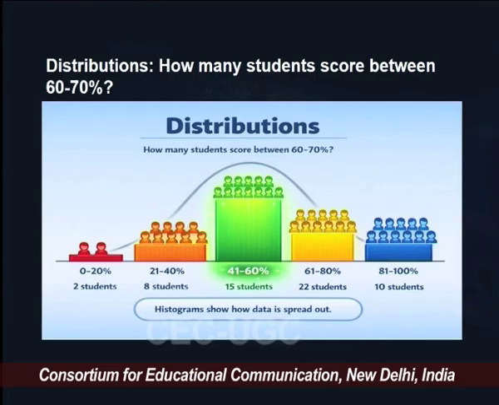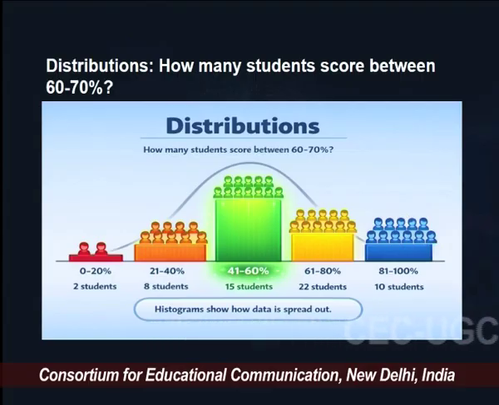Similarly, graph visualization can also help you understand distributions. What we mean by distribution is how your data is scattered across. For example, if you look at this graph, it's very easy to understand that most of the students, let's say 41 to 60% of the students, get the average number of marks.